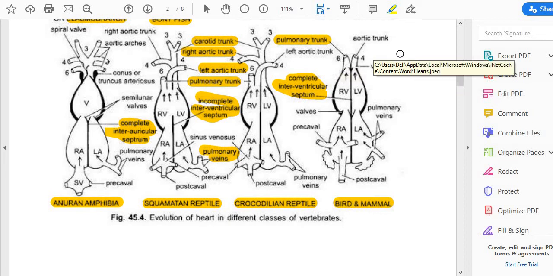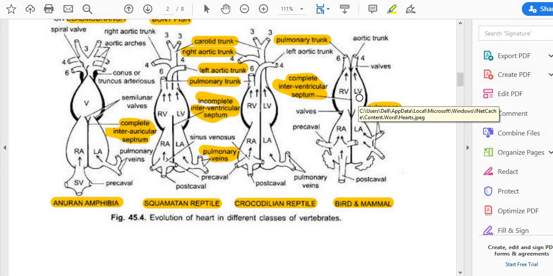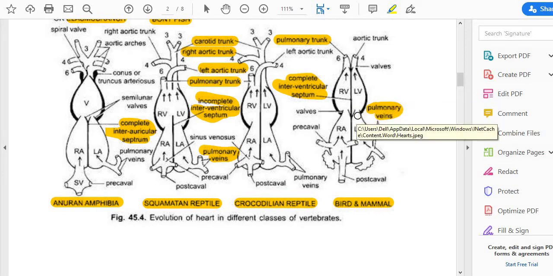From the lungs the pure blood is taken into the left auricle through the pulmonary veins. From the pulmonary veins the pure blood is poured inside the left auricle, and from the left auricle the pure blood enters into the left ventricle through the valves.